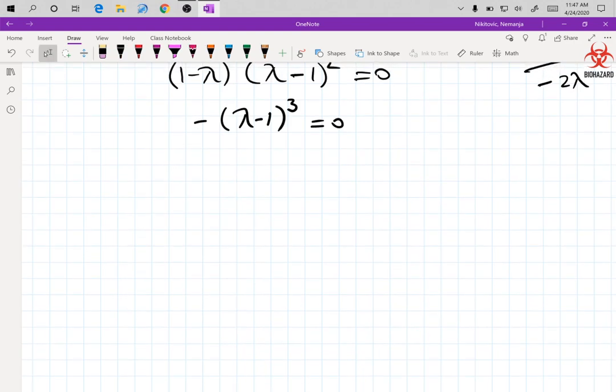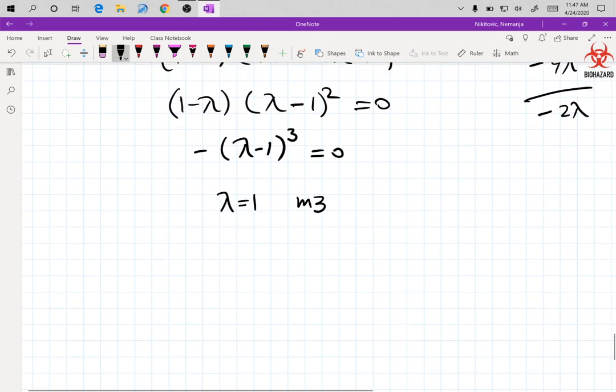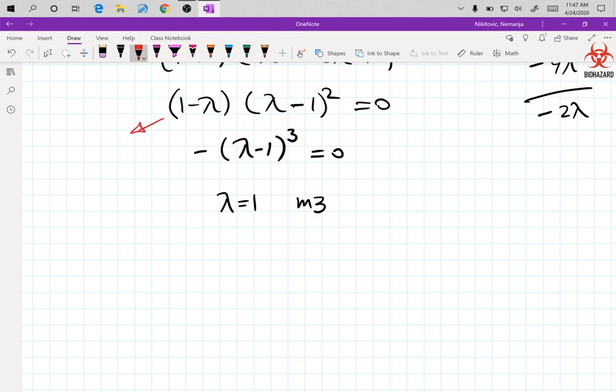So I have lambda equals 1 with multiplicity 3. By the way, in algebra, if you have a minus b, that's equal to negative b minus a. So if you just flip it to be lambda, that's what spits this minus out.